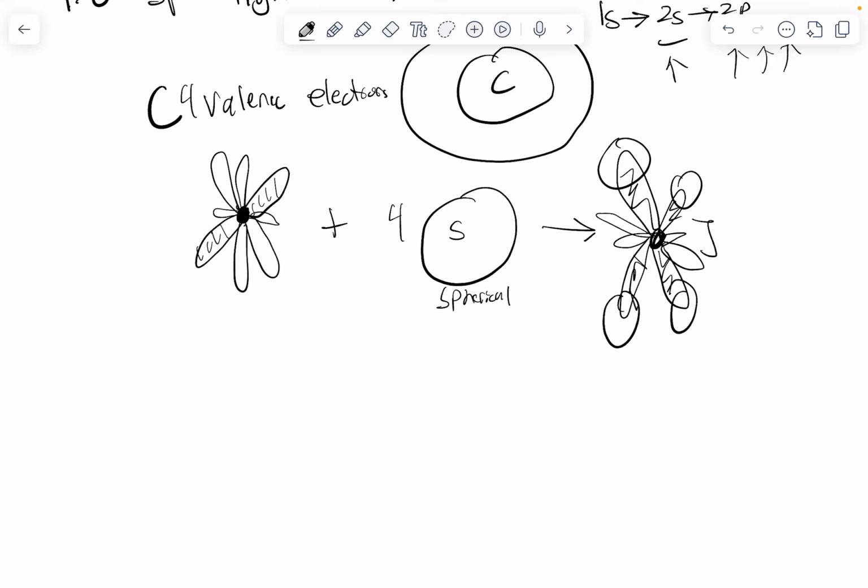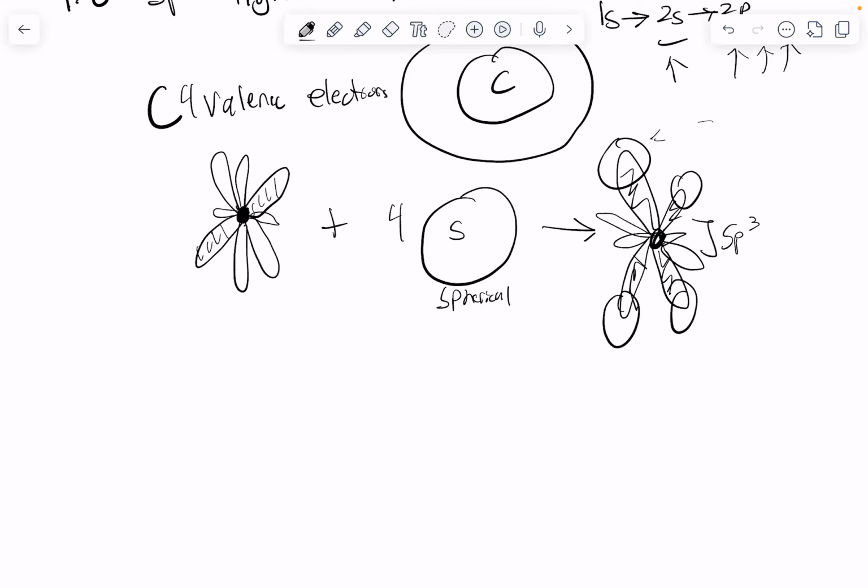So here we have the carbon. It has the sp3. And these are the sp3. And remember, they're dumbbell. Okay? And then we have these spherical s orbitals from the hydrogen. So think of each of these circles as a hydrogen.